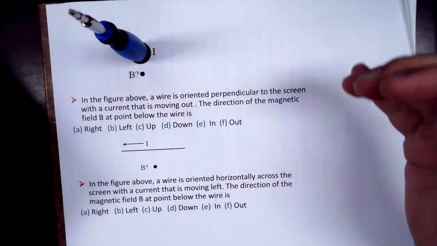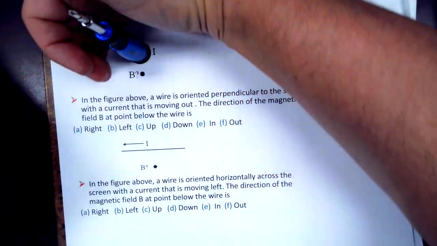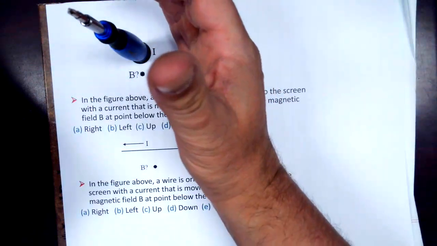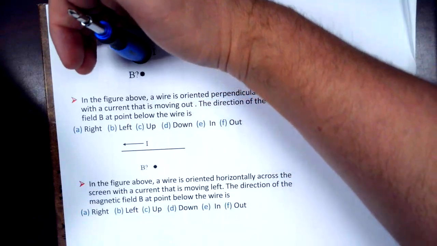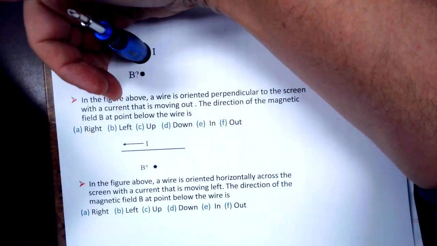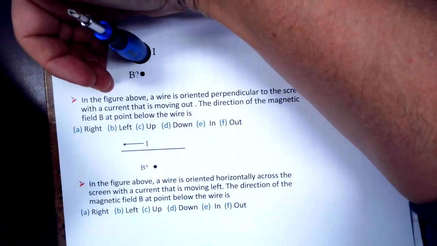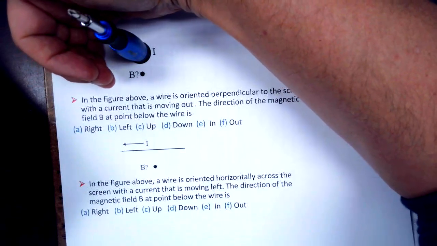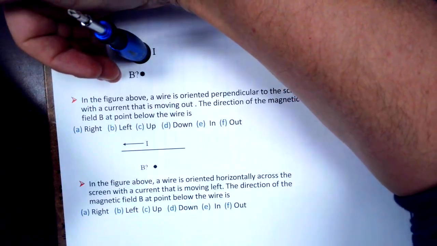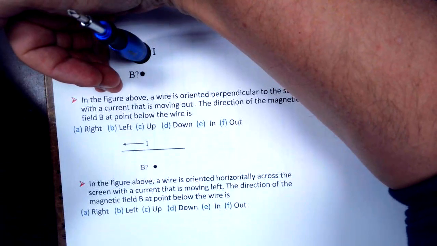Now what we do is we take our right hand and we wrap our hand around it with the thumb pointing in the direction of the vector. Can you see my thumb here? The thumb's this way, and so it's basically going to wrap around. It's going to be a circle 360 degrees around our current. As we look down, it's going to be counterclockwise all the way around. As we wrap our fingers around, we're going to see that the magnetic field at point B, below the wire, is going to be pointing to the right.